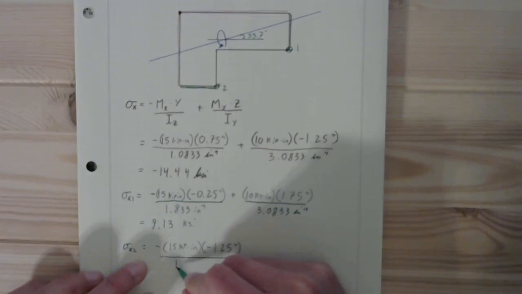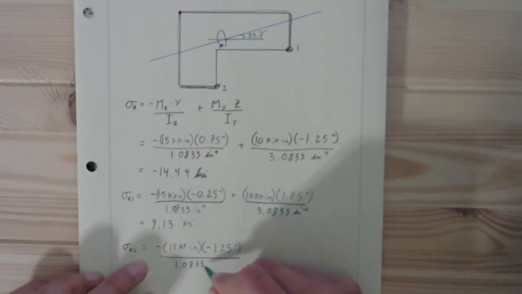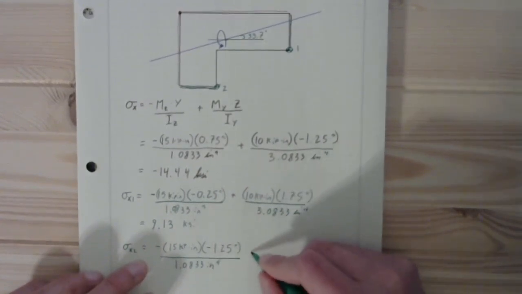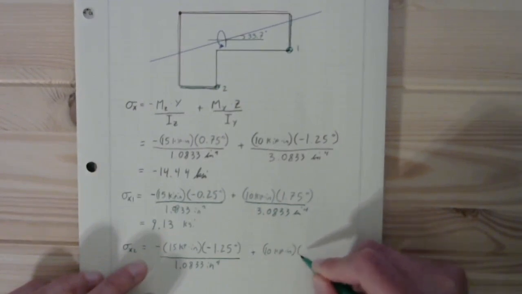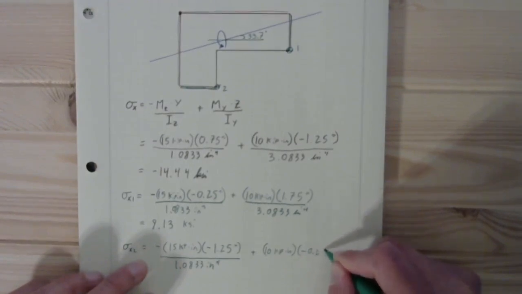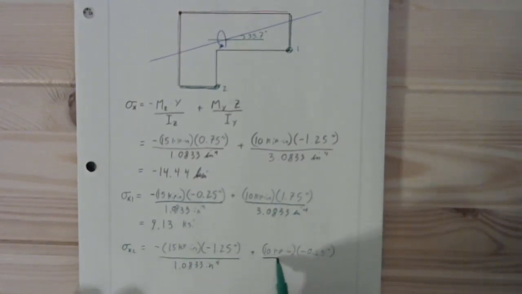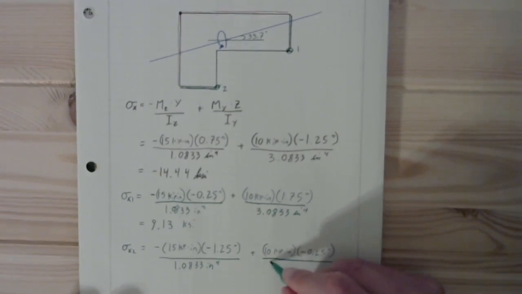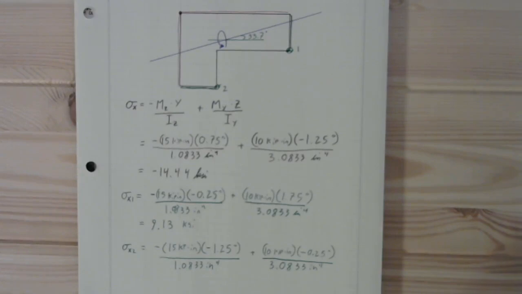Divide that by our second moment of inertia, 1.0833 inches to the 4th, plus 10 kip inches times, this time our lever arm will be negative 0.25 inches, and divide that by 3.0833 inches to the 4th.